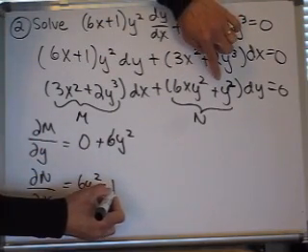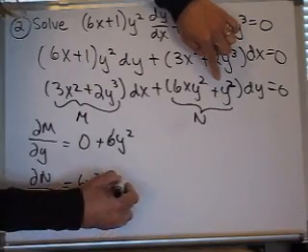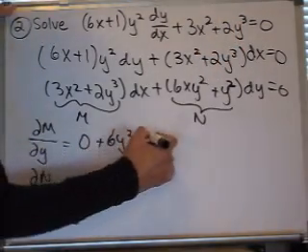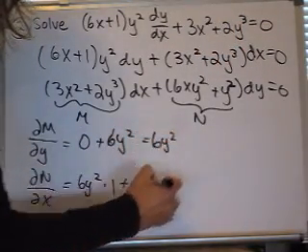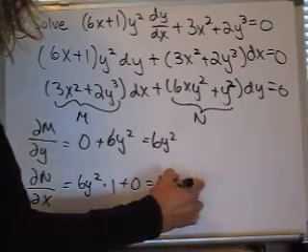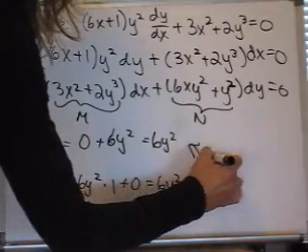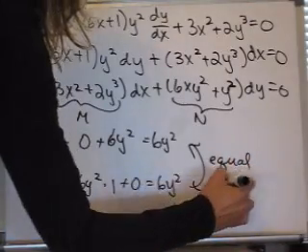For the second term, the derivative of y squared with respect to x is just 0. So I get 6y squared for both of these. Since those mixed partials are equal, we have an exact differential equation.